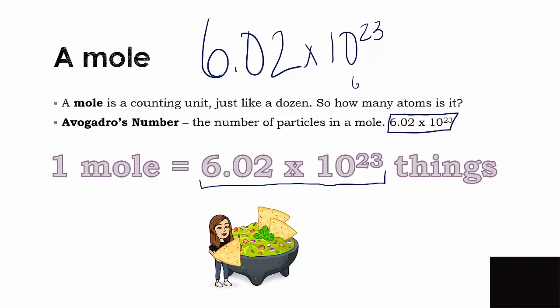This number is 602 with 21 zeros. So 1, 2, 3, 4, 5, 6, 7, 8, 9, 10, 11, 12, 13, 14, 15, 16, 17, 18, 19, 20, 21. Woo! That is a big number. So a mole of atoms is a lot of atoms.